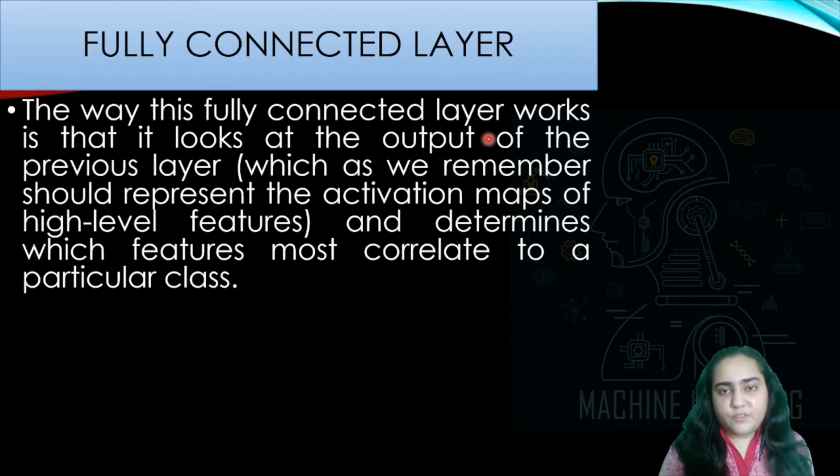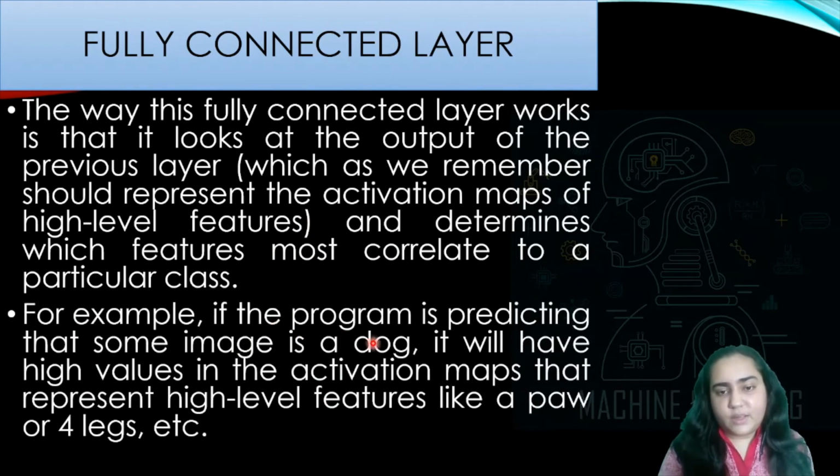And the way this fully connected layer works is that it looks at the output of the previous layer, okay? And then it determines which features most correlate to a particular class. For example, if you had a program that is predicting that some image is an image of a dog, then it will have high values in the activation maps that represent high-level features like a paw or 4 legs or something.